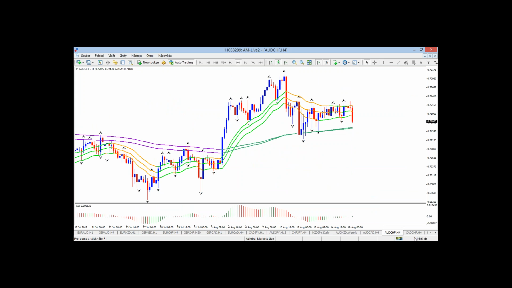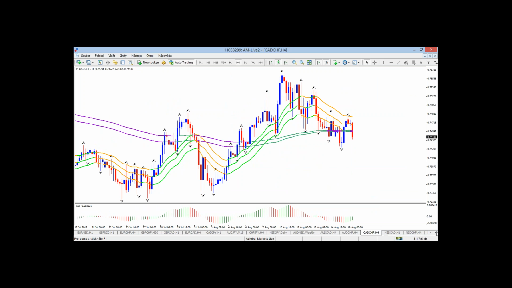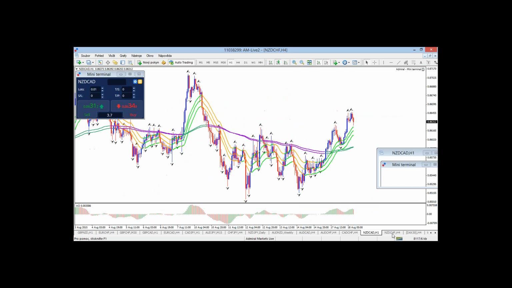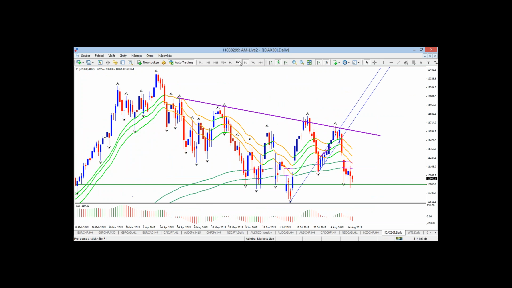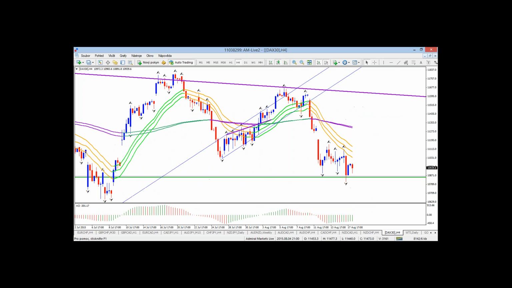The Aussie, most of these Aussies are not that great. Let's see. Maybe we could take a look at the DAX. Why not? DAX. Still at this green line, and below that, still this support.